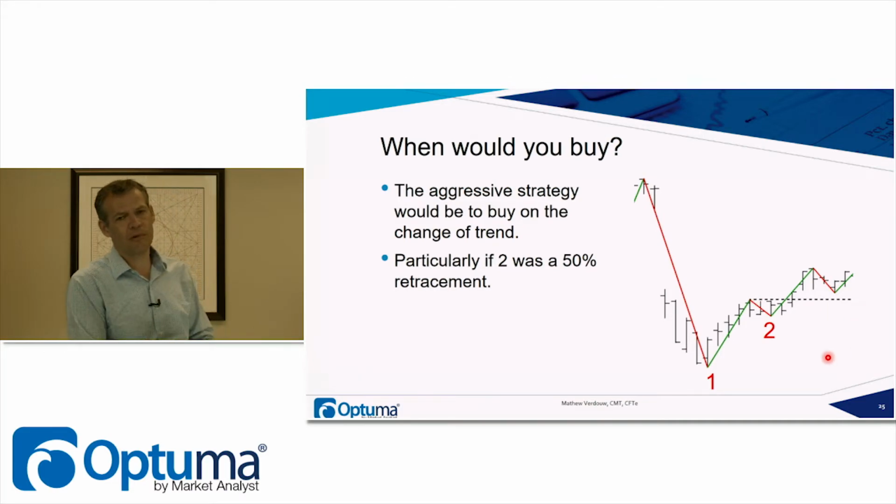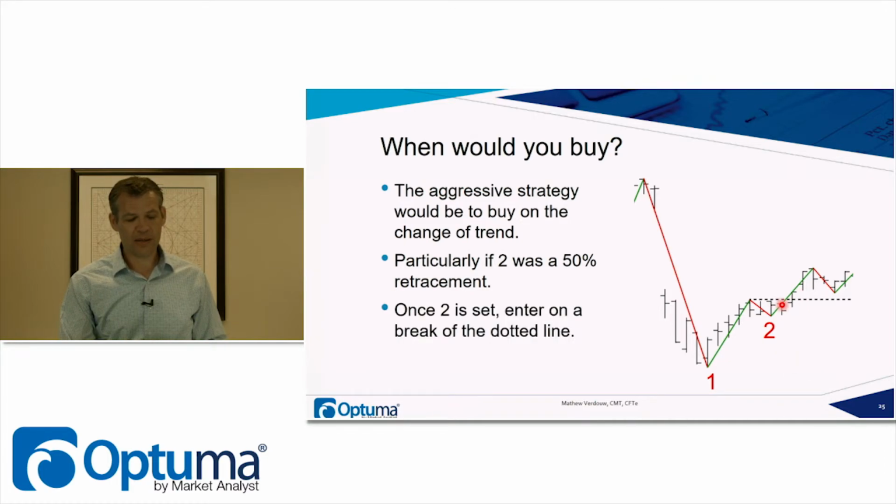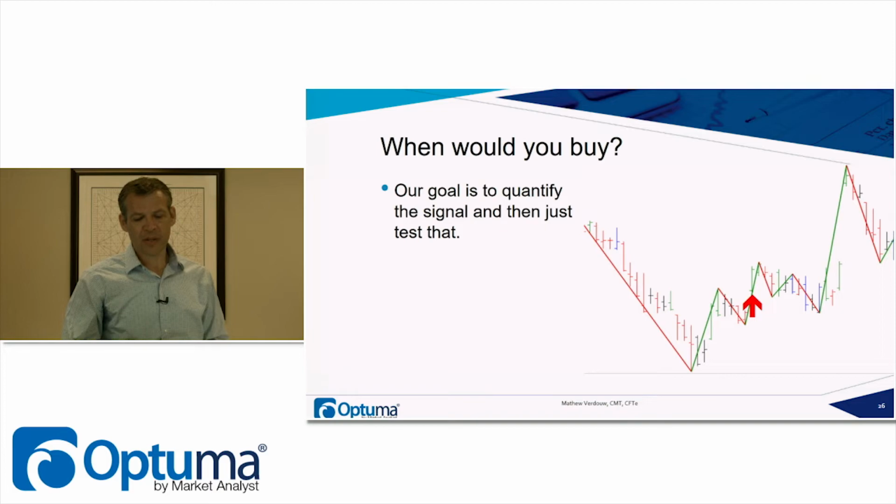There's been a number of teachers in Gann who would advocate that type of strategy, where you wait for this to be in that range, around 50%. But once 2 is set, then we enter on the break of the dotted line. As soon as we're over that, that's where you could put in a market order or a limit order, I should say, at that price.